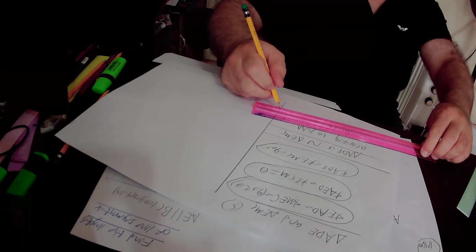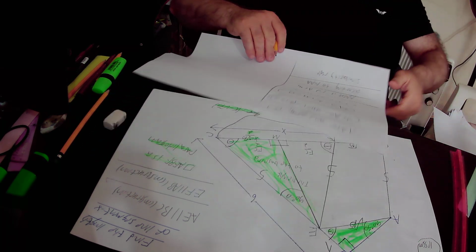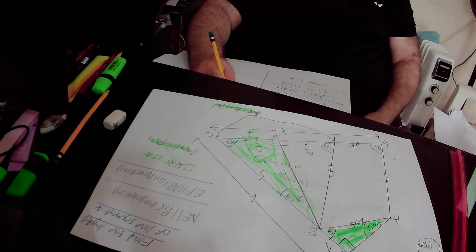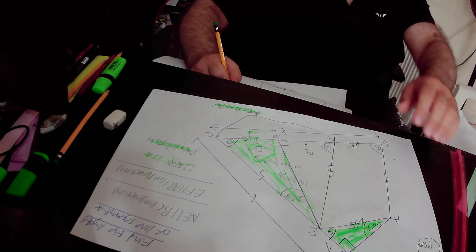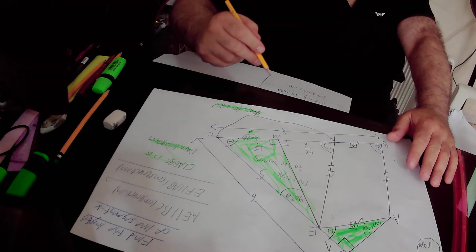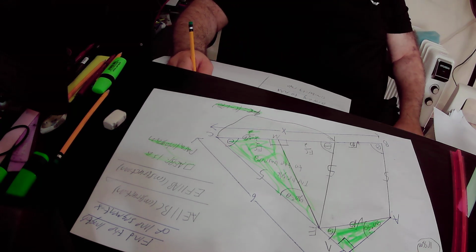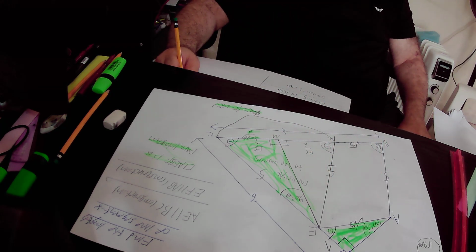And from the fact that the two green triangles are similar to each other, we'll conclude hence AE over EC equals DE over MC.